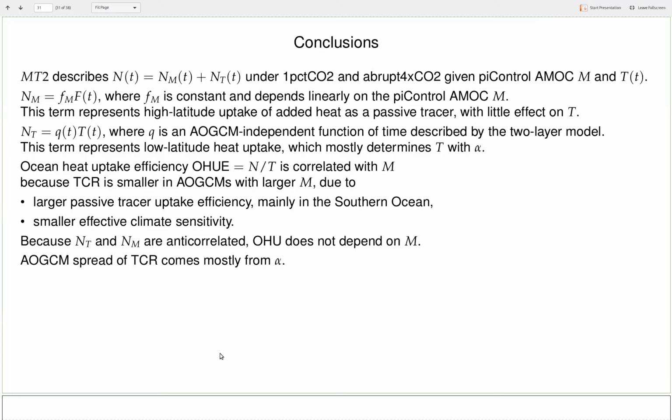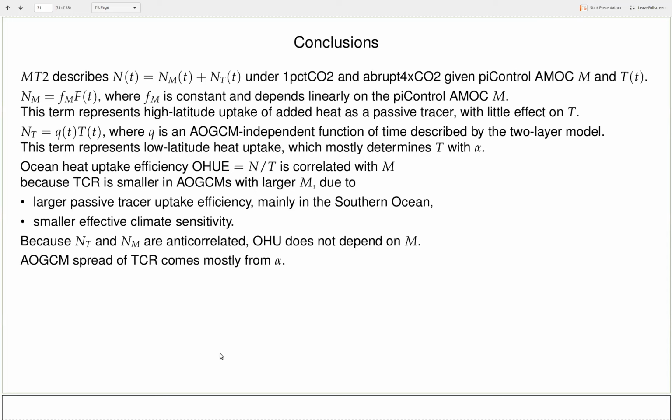Yeah, that's a good question, of course. As you know, AMOC decline at 1% CO2 is proportional to the control AMOC across models. So just from a correlation, one couldn't tell whether it was the AMOC decline or the AMOC control strength that matters.